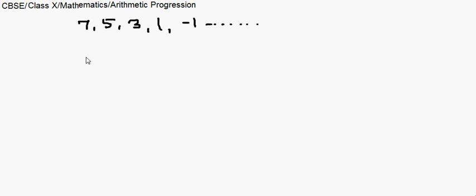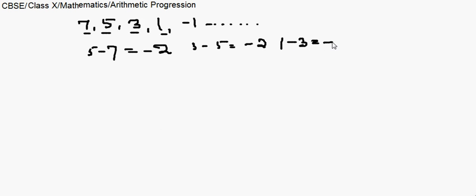If you look at the series, you can see that the gap between these numbers, like 5 minus 7, is minus 2. 3 minus 5 is another minus 2. 1 minus 3 is also another minus 2.